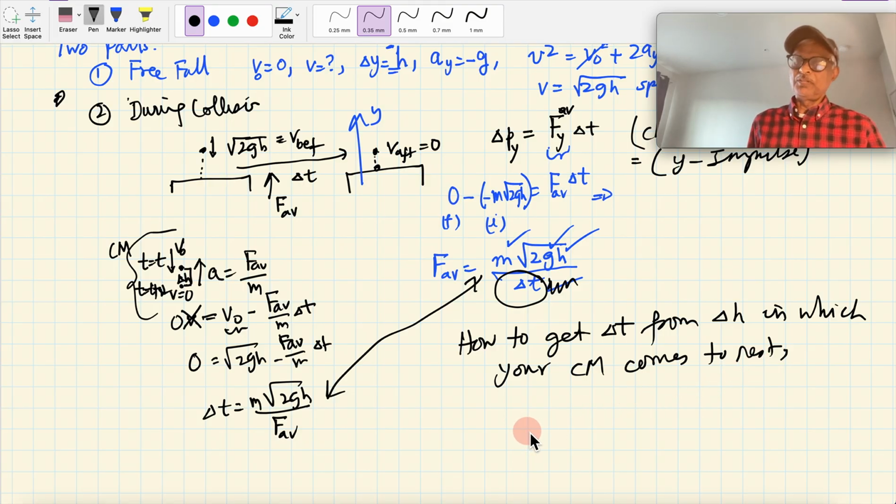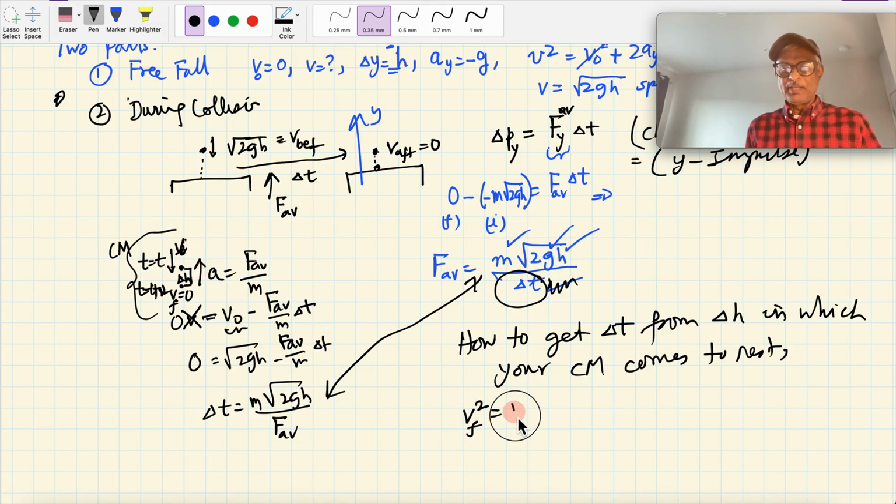So how can you do it? You can use v squared. Let's call it v final, and v initial, just to distinguish. v final squared equals v initial squared minus 2 times the acceleration times delta h.